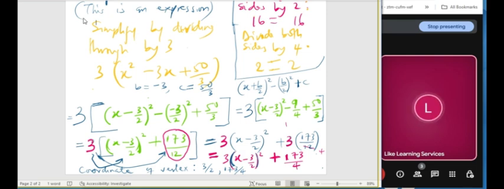So each of those terms is multiplied by 3. Did you get the trick? Yes, because if you didn't do that, you wouldn't know which is which. So the y coordinate of the vertex is 173 over 4. The x coordinate is 3 over 2.